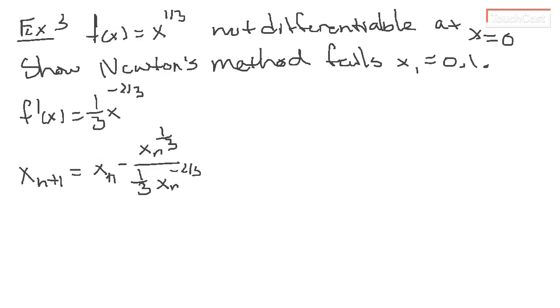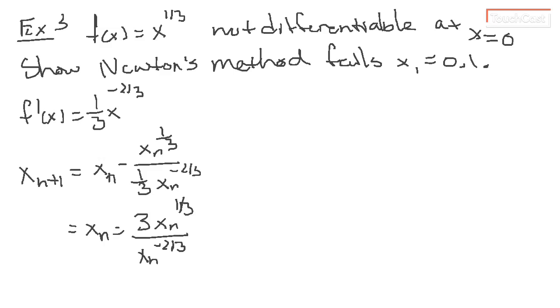Now we can clean this up a bit. When we're dividing by a fraction, like we are with this 1/3, we can multiply by its reciprocal. So we can rewrite this expression as xn minus 3 xn to the 1/3 over xn to the negative 2/3.